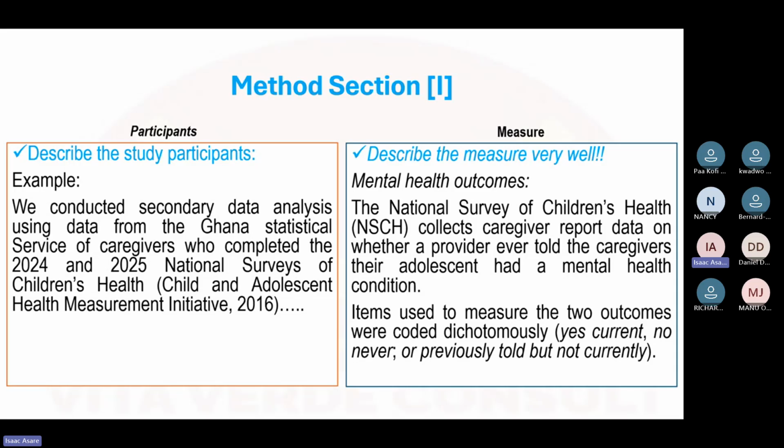Try to be detailed, and then when it comes to the measures, you need to be able to describe the outcome variables, or the variables that you are using, in detail. So maybe for the outcome variable, you are looking at culture, describe culture in detail. If culture affects the classes that you have established or the knowledge level, try to describe culture in detail.